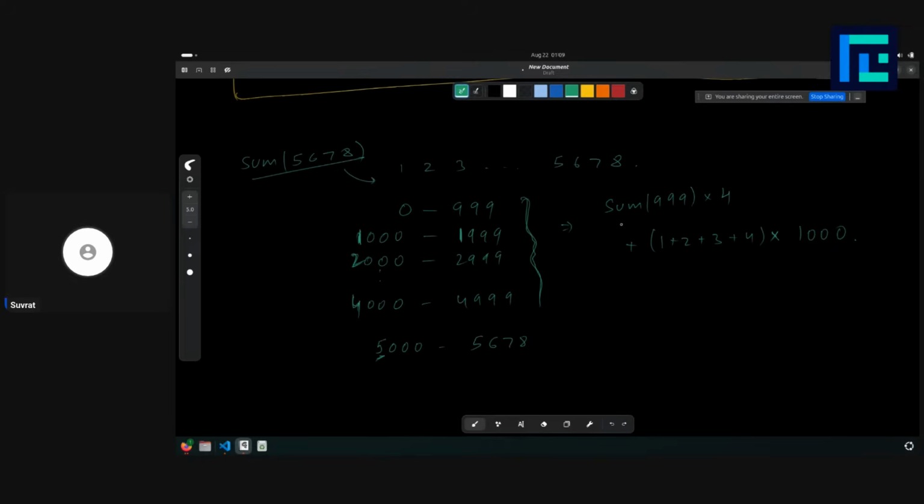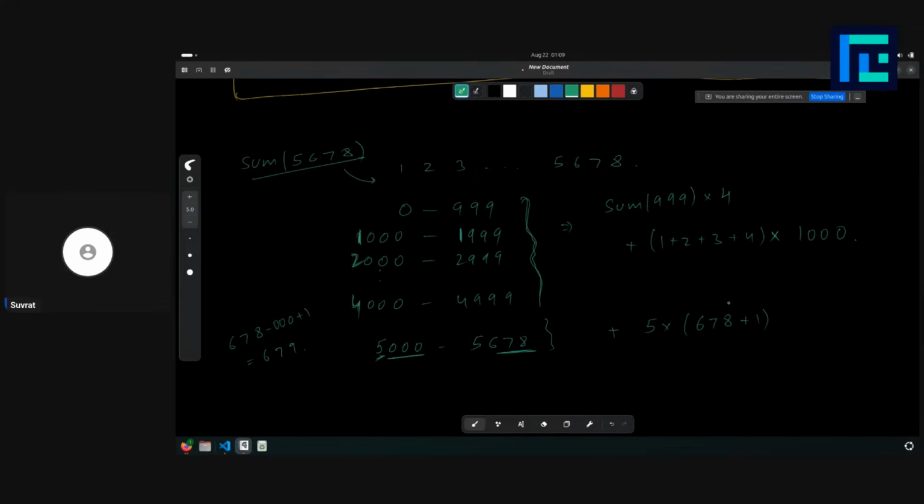So what we can do is we can do a kind of recurrence relation. So this plus this, and for this what we can do is plus 5 occurs 678 plus 1 times, right? Because 5 is from 000 to 678. So 678 minus 000 plus 1, which would be 679 times. So 5 would occur this many times.